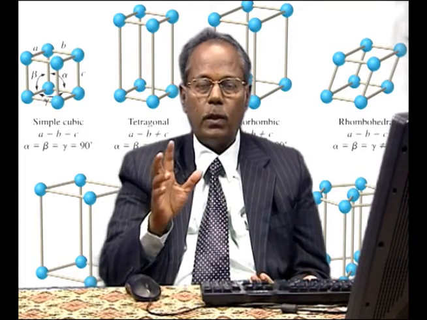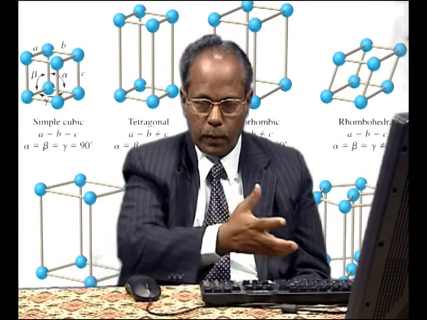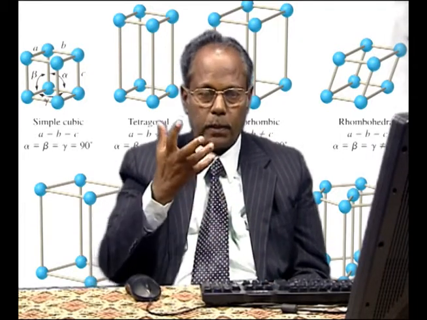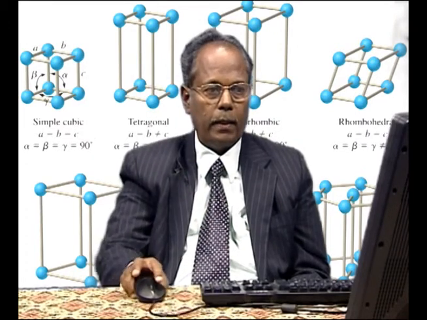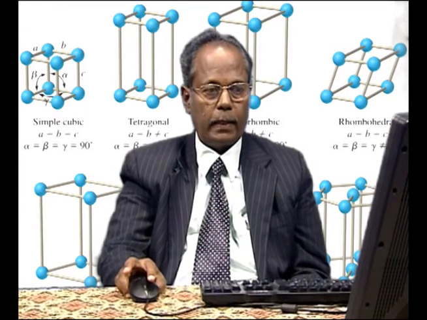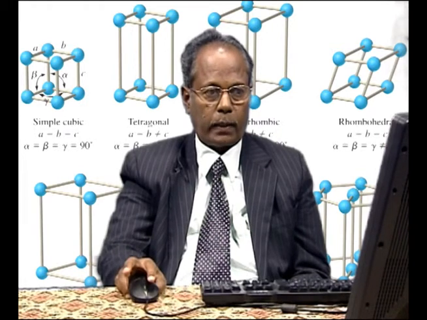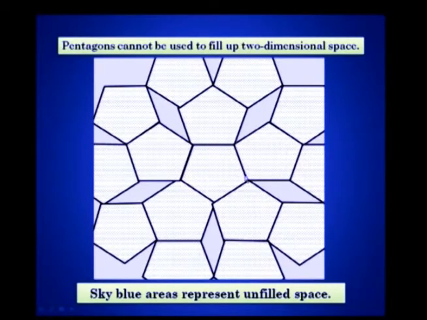So, the possible shapes in 2 dimensions to fill up an area are a rectangle, that is 2-fold, an equilateral triangle, the 3-fold, a square will be 4-fold, a hexagon will be 6-fold. Now, these are the possible shapes you can think of to fill up 2-dimensional space.